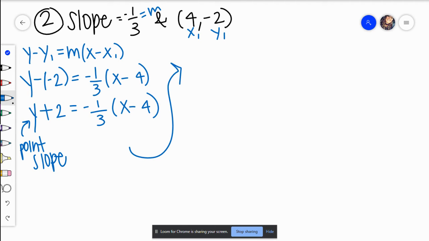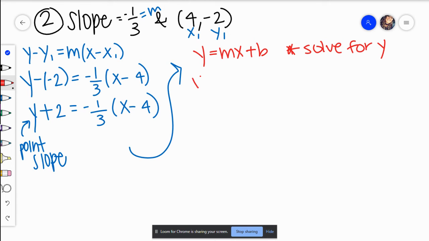Okay, now if I want to do my slope intercept form, that's actually going to be the equation of a line. What I need to do is solve for y.